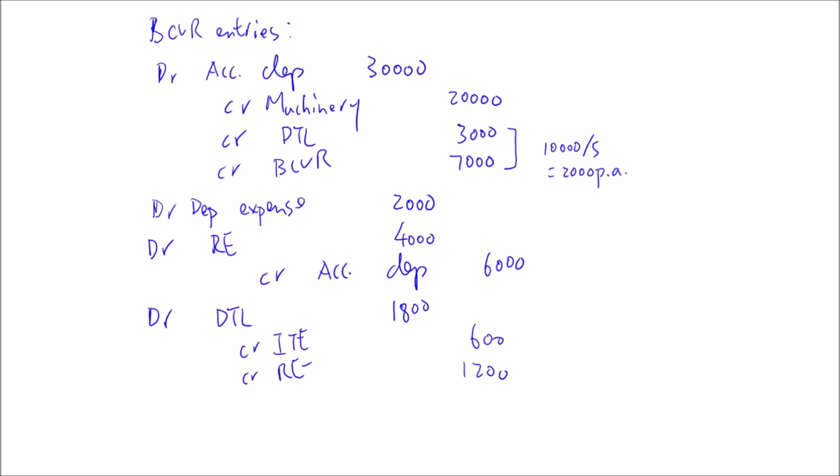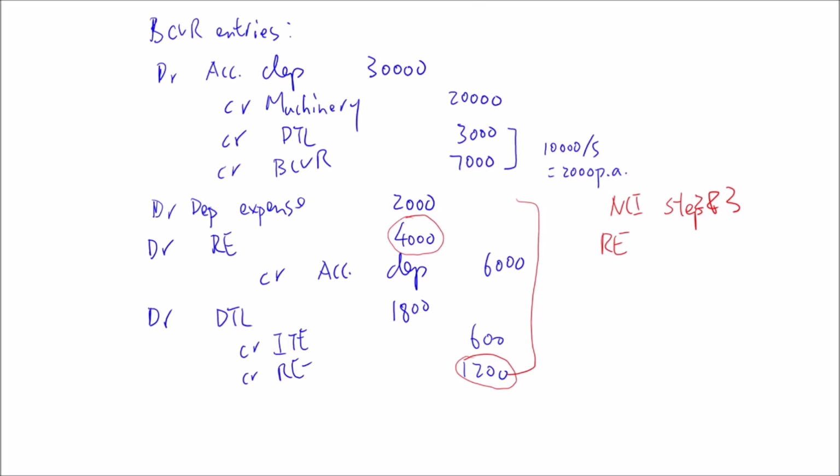So for example, in this question, if you look at these 2 journals, you can see that it affects expense as well as retained earning, which means that it's going to affect NCI. So we're going to write down step 2 and step 3 affected for NCI. With step 2, it's going to affect retained earning. How much is that? Looking back in the journal, we have 4,000 debit retained earning, and we also credit retained earning by 1,200.